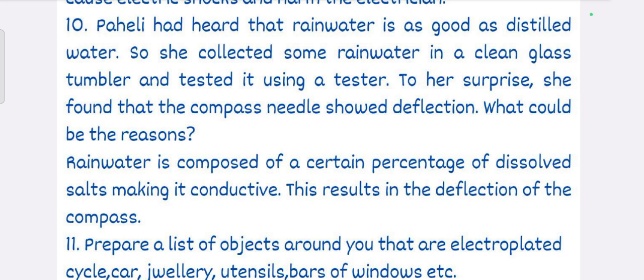So she collected some rainwater in a clean glass tumbler and tested it using a tester.